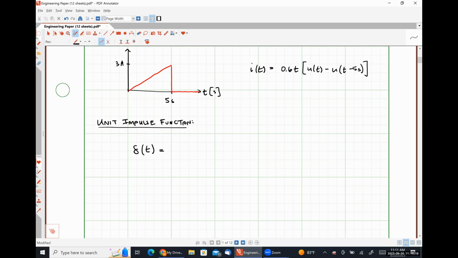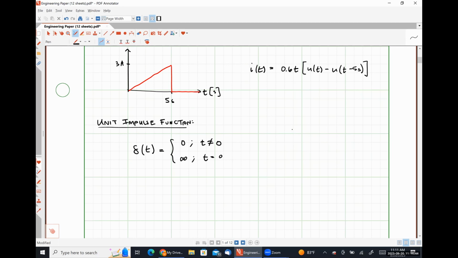So delta of t is equal to zero for all t values that are not equal to 0, and it is infinity at t is equal to exactly 0, excuse me.